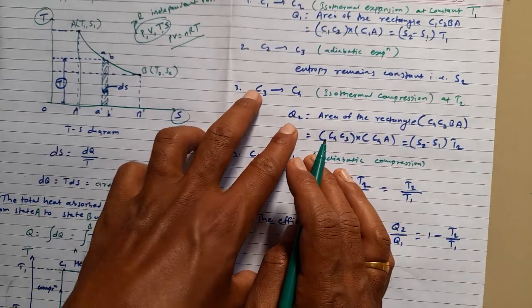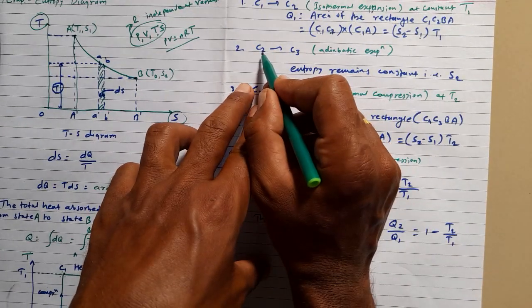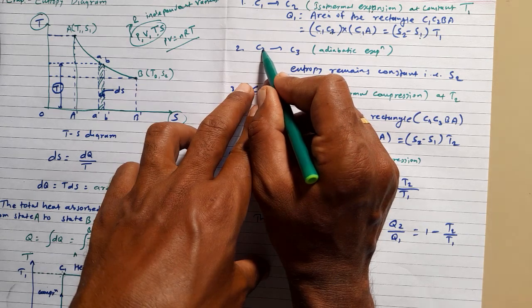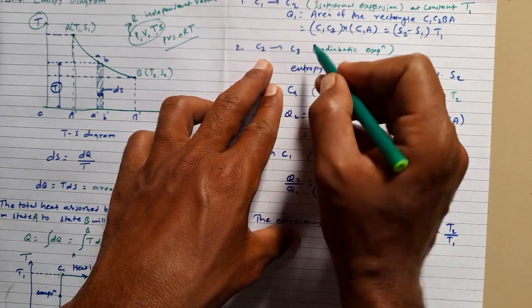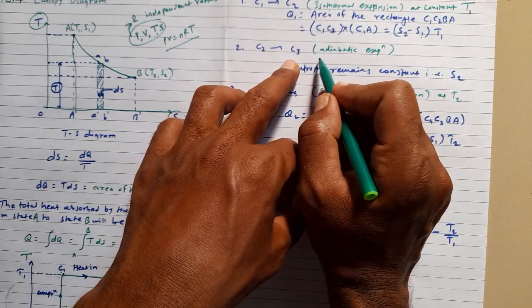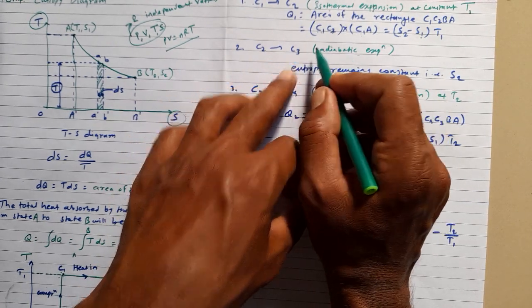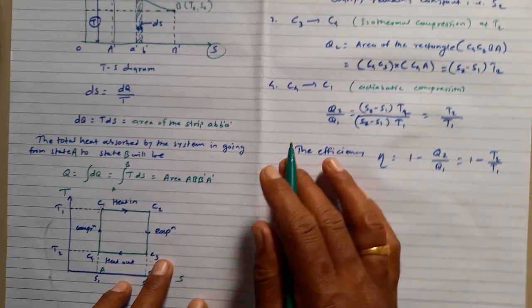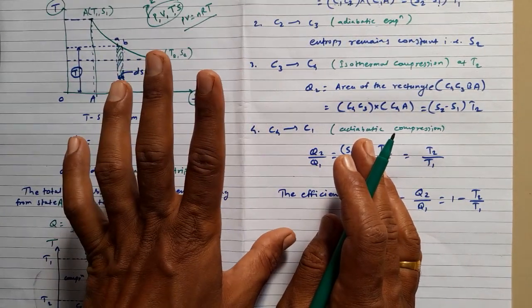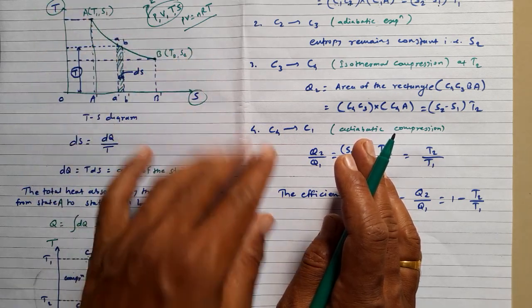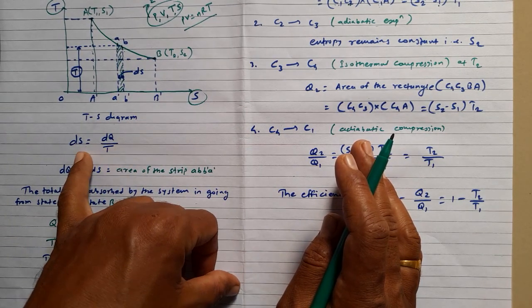Now the system makes the change from C2 to C3. In this change the process is adiabatic, adiabatic expansion is happening. In adiabatic expansion there is no exchange of heat, so obviously there will not be a change in its entropy.